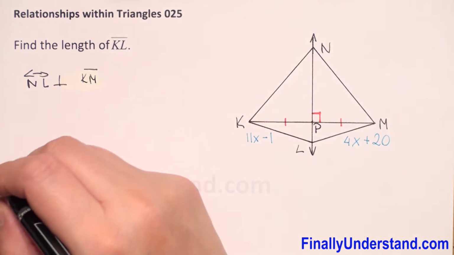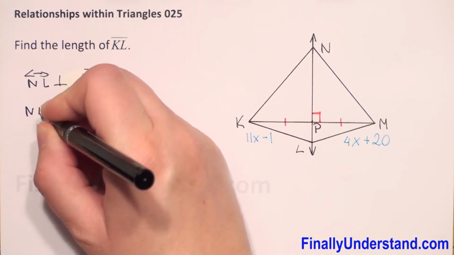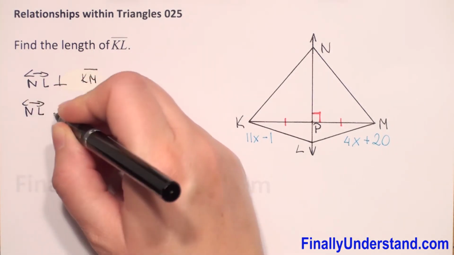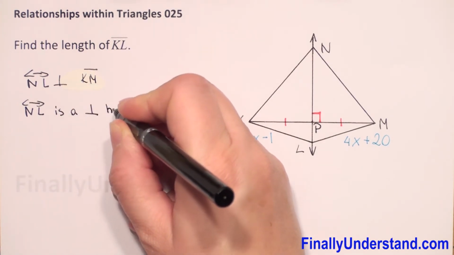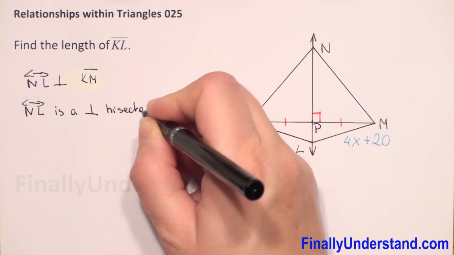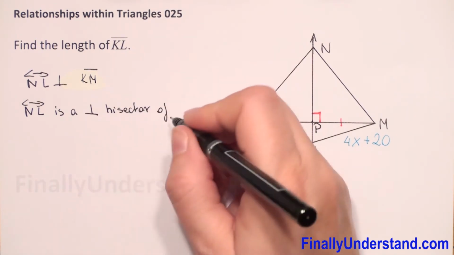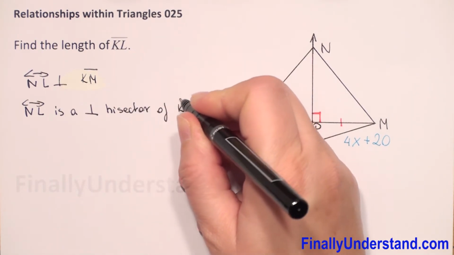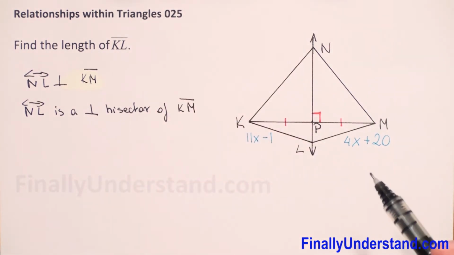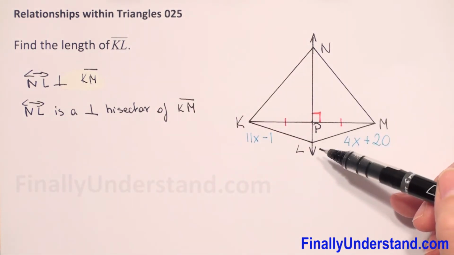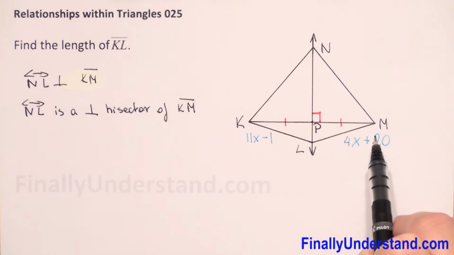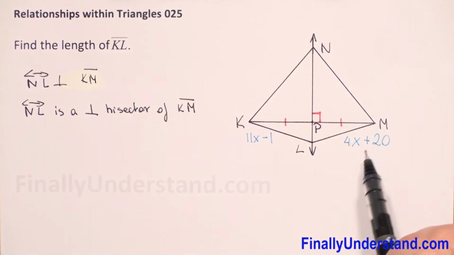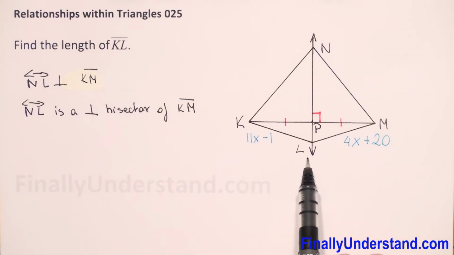So we can write that NL line is a perpendicular bisector of KM segment. So if NL is the perpendicular bisector of KM, then the sides KL and ML are congruent.